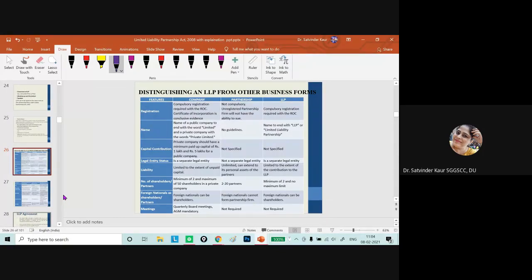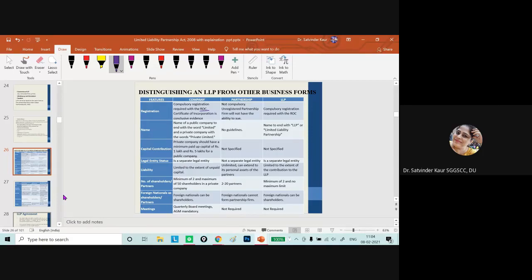So when we differentiate the three forms of organization on the basis of registration formality, a company is to be registered with the ROC after following the complete formality, and a certificate of incorporation is given as evidence for the existence of the company.